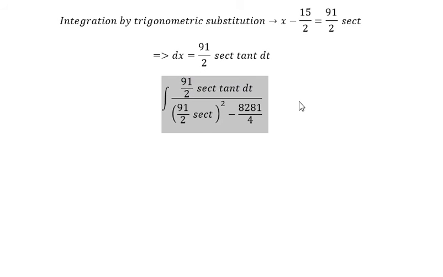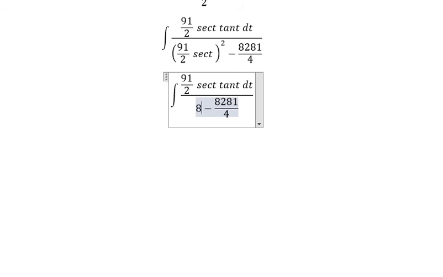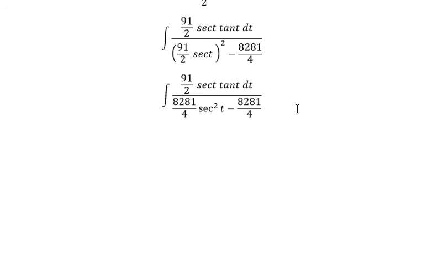Now we need to simplify 91 over 2 secant t to the power of 2. You will get 8,281 over 4 secant of t to the power of 2.